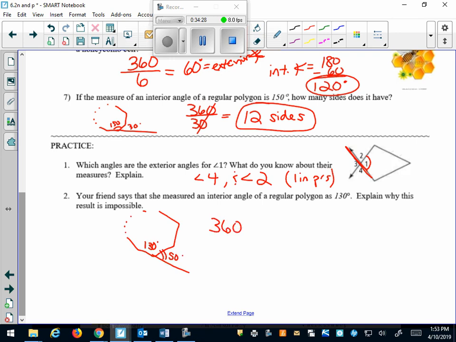Perfect. So same idea that we did up here. If the interior angle is 130 degrees, this is what the friend is claiming here, then the exterior angle would have to be 50 degrees. And if it's a regular polygon, that means all of the exterior angles are the same. So we should be able to do 360 divided by 50 degrees and get the number of sides. But that comes out to 7.2. And we have 7.2 sides. Impossible.